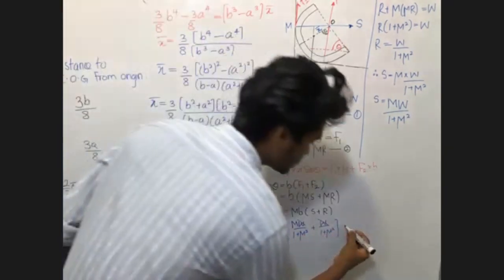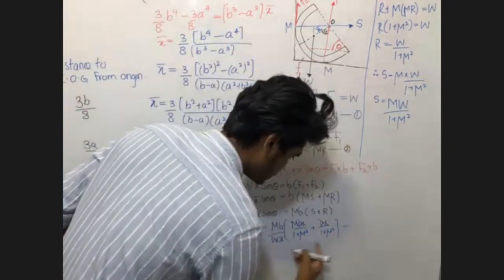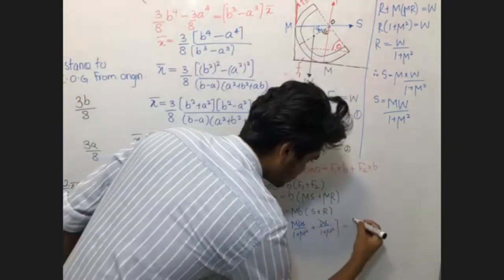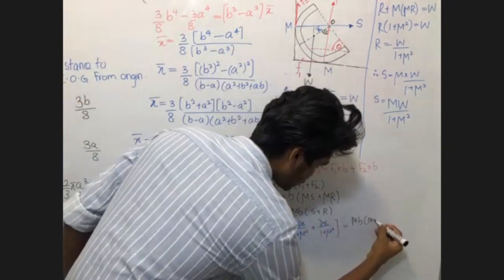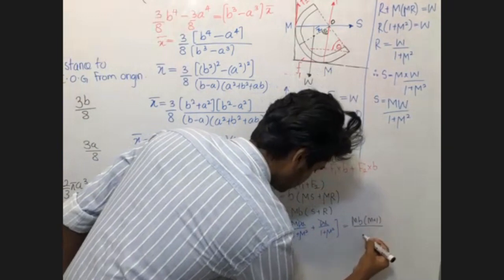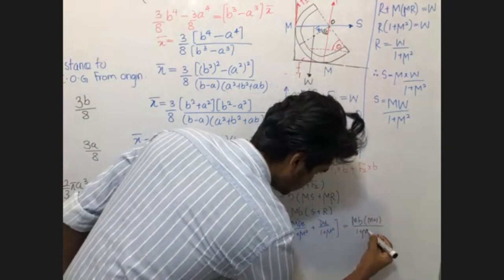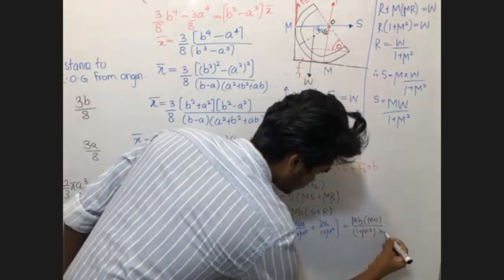So this W and W cancels. 1 plus mu squared, it's the LCM. So mu b times mu plus 1, over 1 plus mu squared, into x bar.